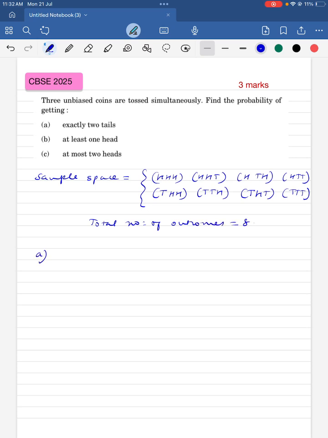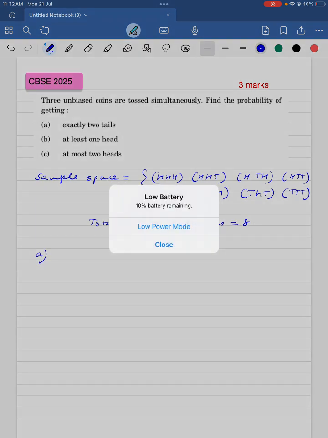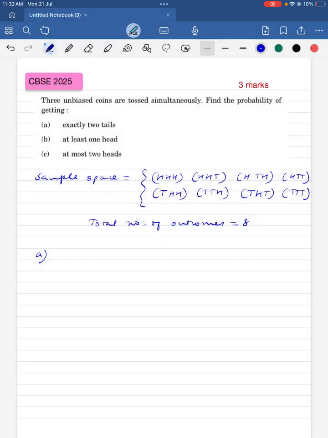Okay, now let's solve the first part of the question. They're asking you to find out the probability of getting exactly 2 tails. We have to look at the favorable outcomes here. Now the favorable outcomes are exactly 2 tails. Okay, so which of them has exactly 2 tails? This one has 2 tails, this one has 2 tails, and this one has 2 tails.